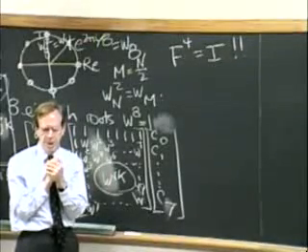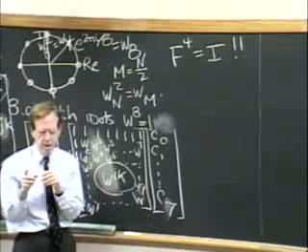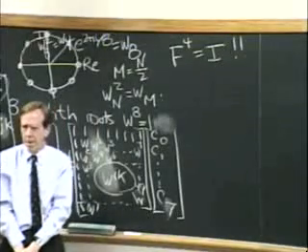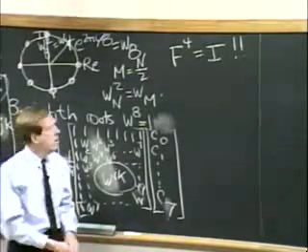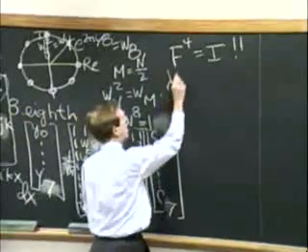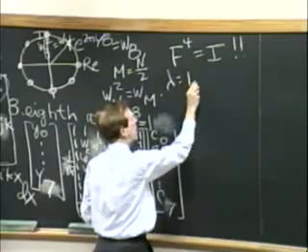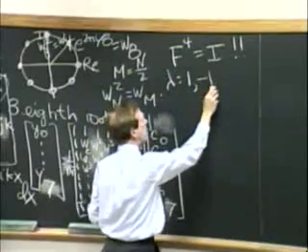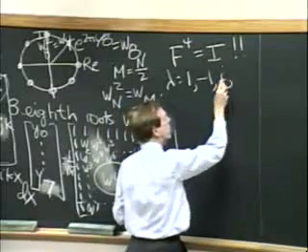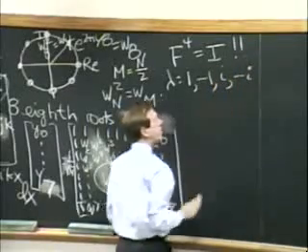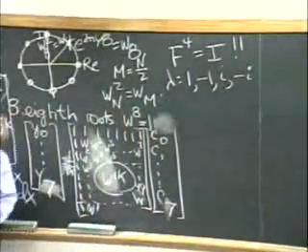What are the possible eigenvalues of a matrix F? It could be 1. The possible eigenvalues are 1 and minus 1 and i and minus i. True. And no others, right? No others.